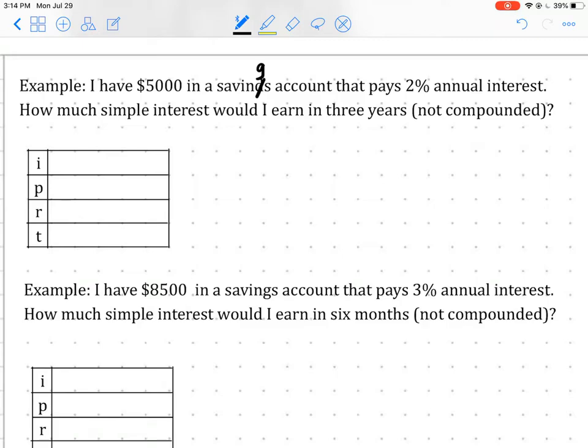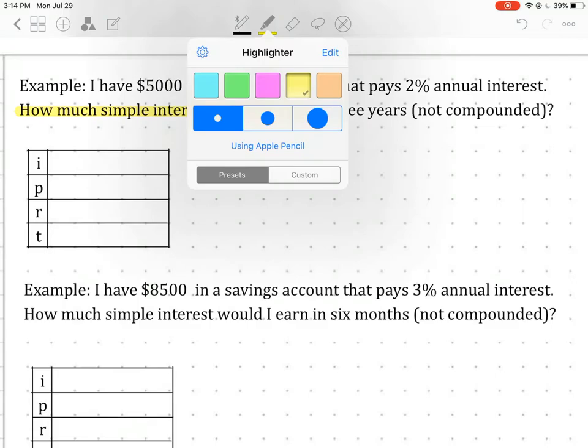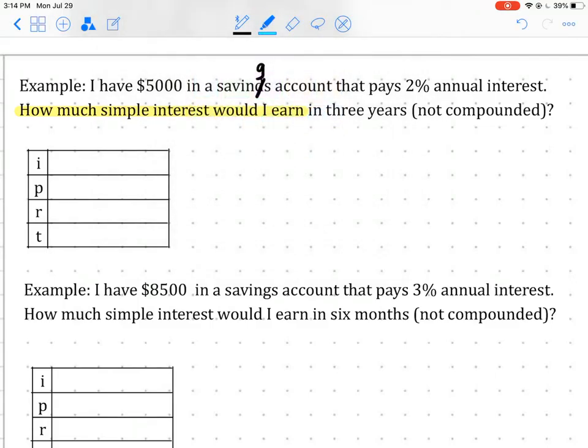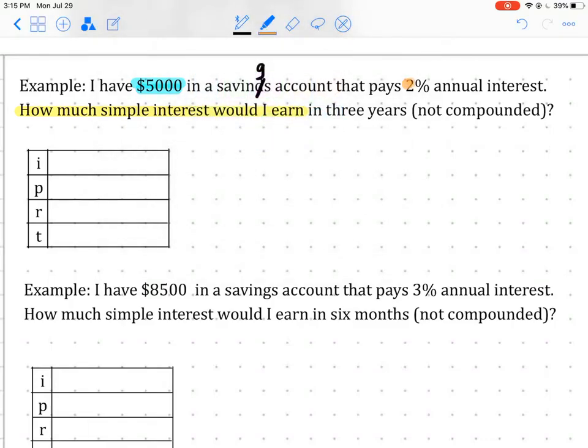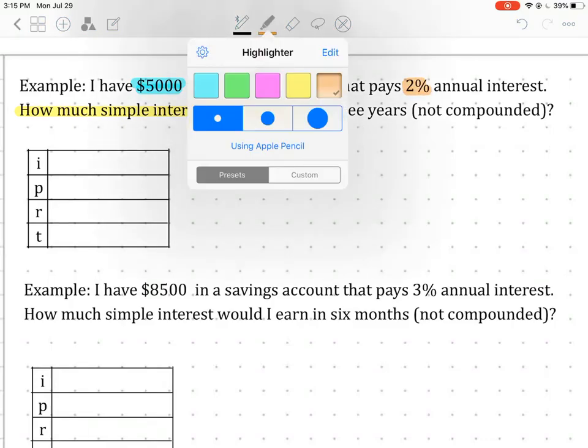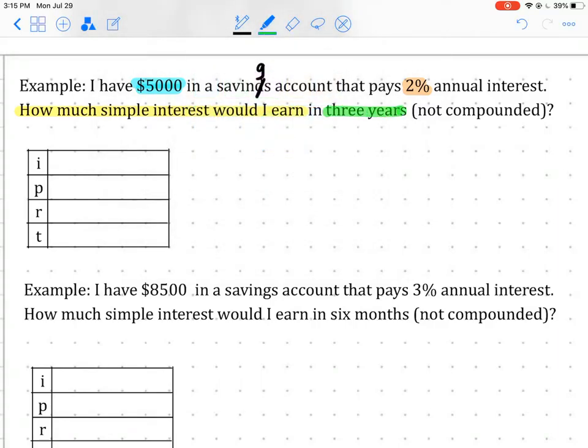How much simple interest would I earn in 3 years? So the question is, how much simple interest would I earn? And here are the parts of the formula. You've got $5,000, you've got 2%, and you've got 3 years.